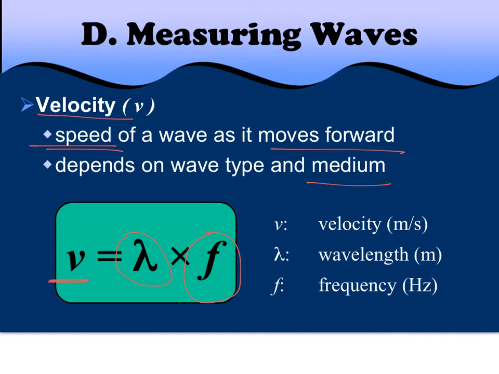The frequency is how many full waves pass by a given point in 1 second. You can see that velocity is measured in meters per second. Wavelength is measured in meters because it's distance. And frequency, and this is a new term for us as well, is measured in the units hertz.